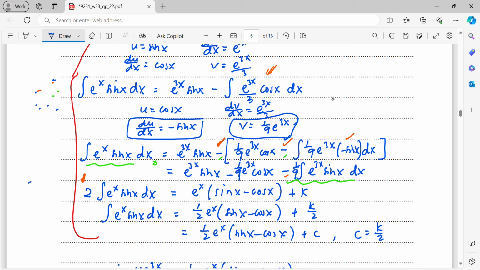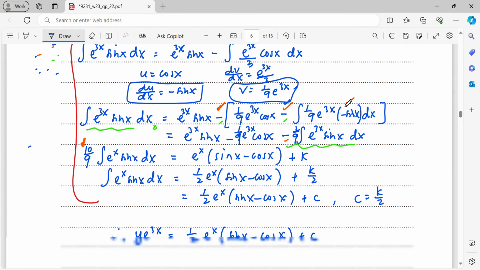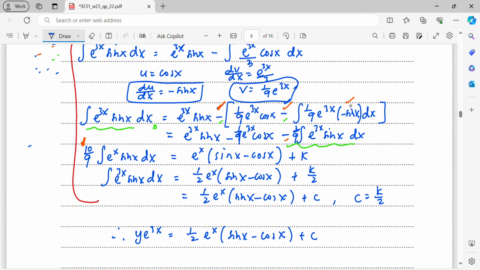Okay, 1 over 9. Then when I move this negative 1 over 9 to the other side, it's 1 plus 1 over 9. This one will be 10 over 9. This is 3x. So here is wrong. And then here is going to be over 9. This one is wrong.